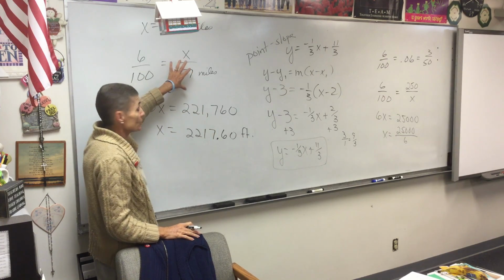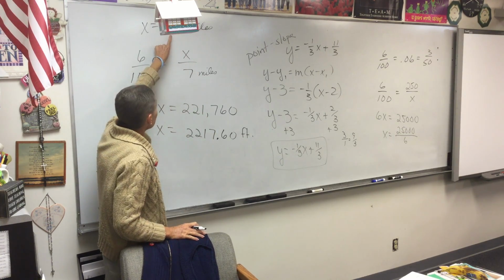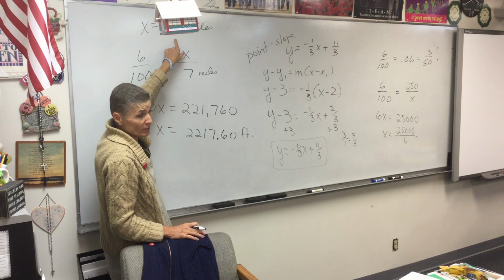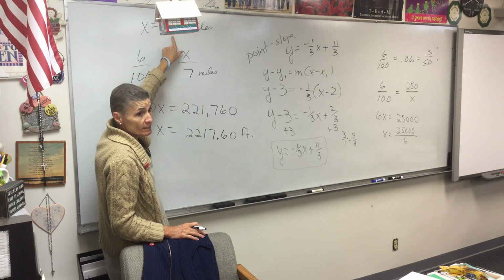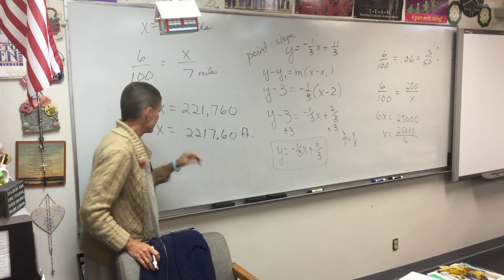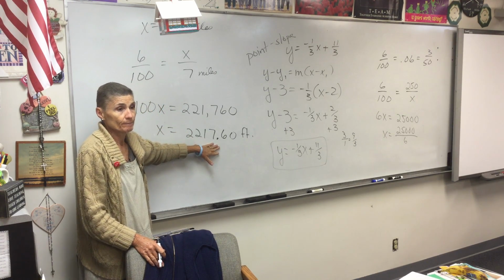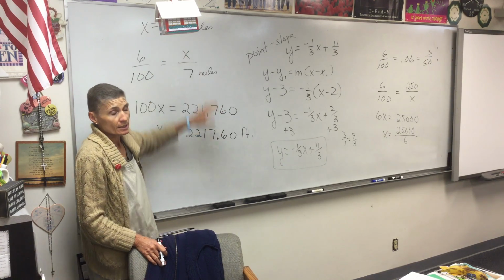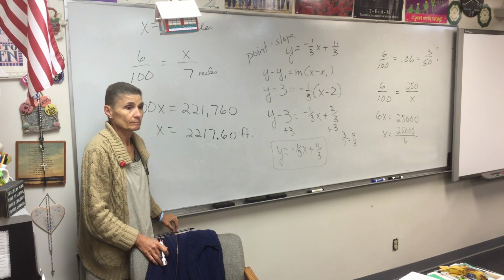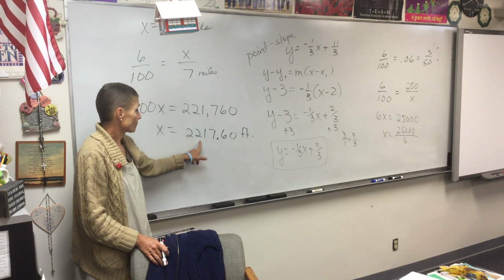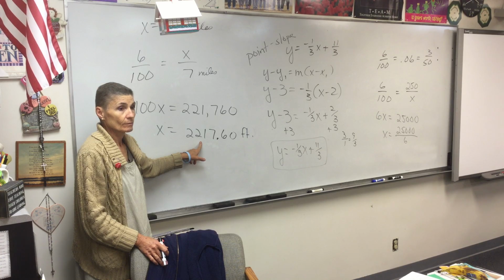So I could go ahead and do it with the 7, but then I would have to take this number. Do you have a calculator? Yeah. All right, multiply 0.42 times 5,280, and you should get this same answer. Okay, 0.42 times 5,280. 2217.6.